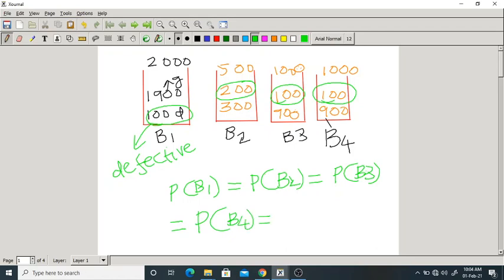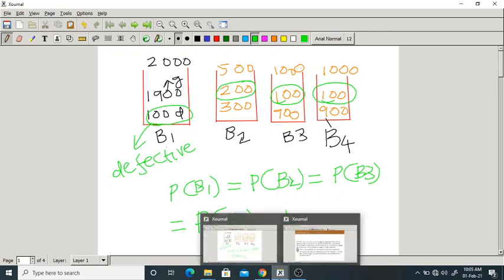So selecting the box is equiprobable, which means we can randomly select any one of these four boxes. That's why all are equiprobable: the probability of selecting the first box is equal to the second box, equal to the third box, and equal to the fourth box, equal to 1 by 4.